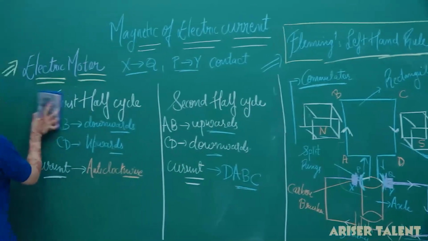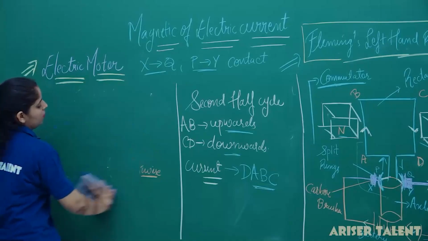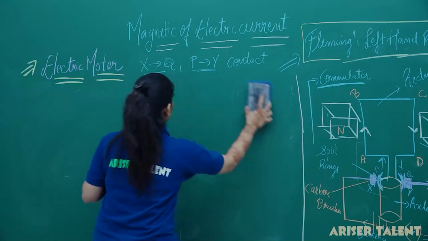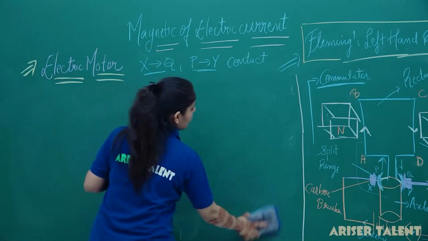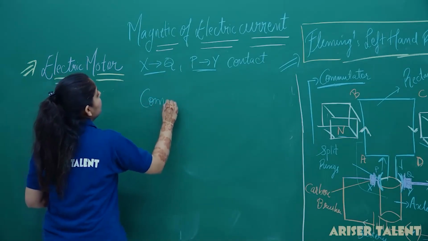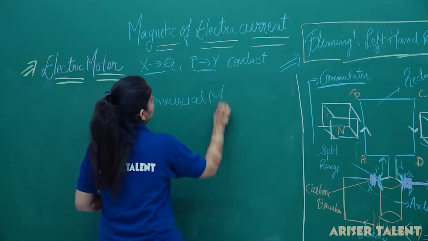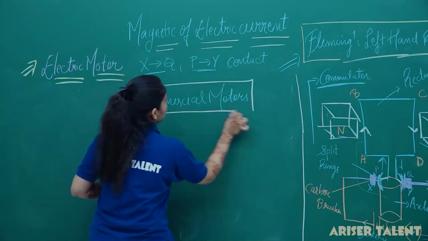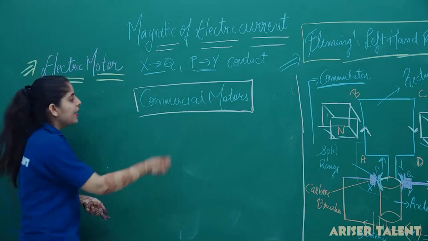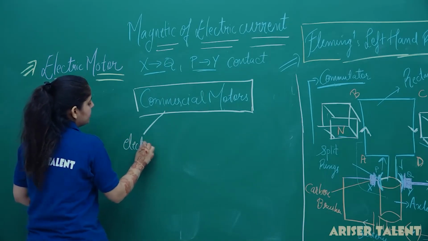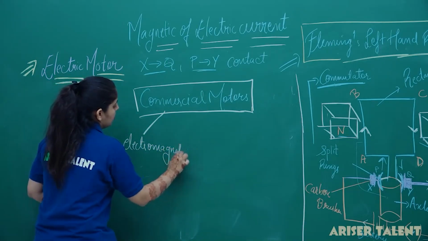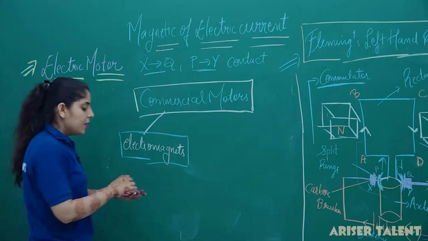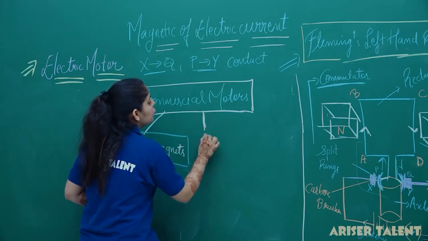If I am talking about commercial motors, the commercial motors nowadays are using electromagnets. Secondly, the motors we are using have a soft iron core.